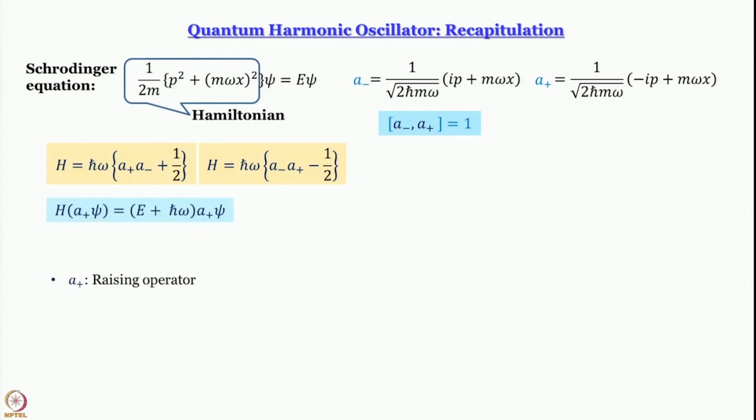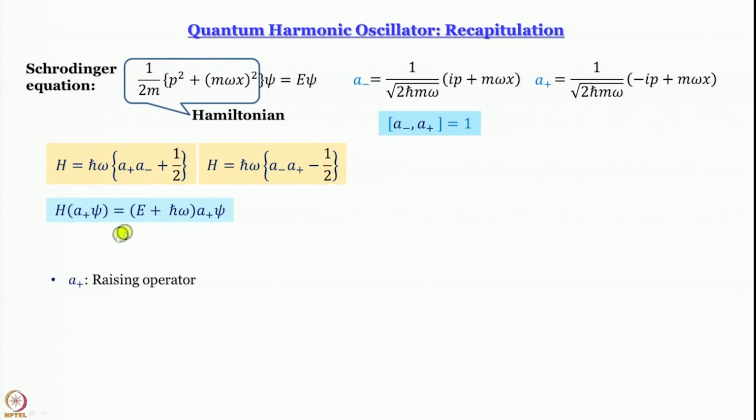So, we have learned that these are called ladder operators for a reason. If A plus operates on psi, for example, it produces a new wave function which is an eigenfunction of the same Hamiltonian operator, with the interesting phenomenon that the eigenvalue of energy is more than the eigenvalue of the original wave function psi by h cross omega, which is 1 quantum of vibrational energy.